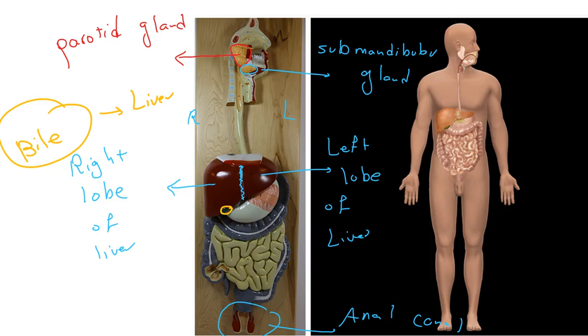And then you should know the different divisions of the large intestine like cecum, the ascending colon, transverse colon, descending colon, sigmoid colon, and rectum and anal canal. And then you should be able to label and find the parotid gland, submandibular gland, and also right lobe of liver, left lobe of liver, and also the gallbladder.